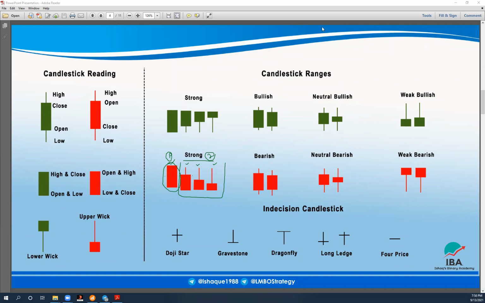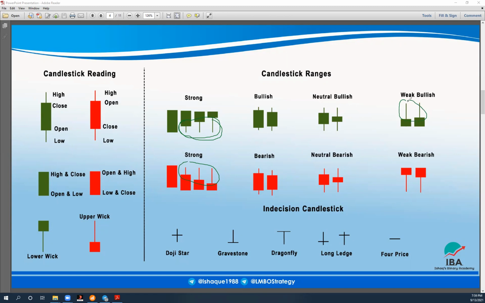Okay, so one very common thing I want you to memorize. A lower wick in a green candle makes it stronger. An upper wick in a red candle makes it stronger. This point is clear, because you need it every time. A lower wick in the green candle makes it stronger. If the lower wick makes it stronger, the upper wick makes it weaker.